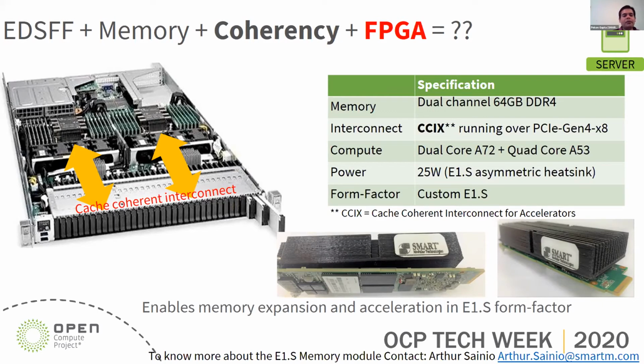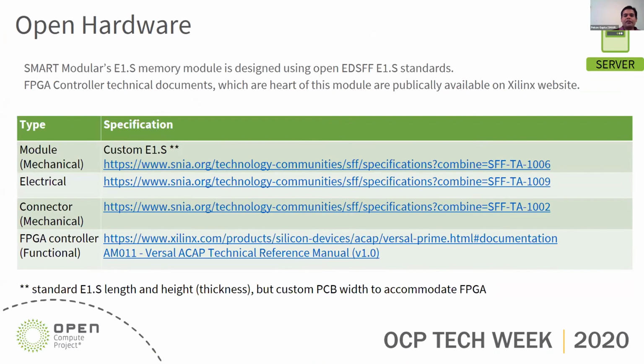So this is a prototype, as you can see in the picture over here, which can be plugged into the backplane of a U.1 or U.2 server and increase the capacity of your memory in a server. Let's talk about the specification. Most of these specifications are derived from public standards or open standards.